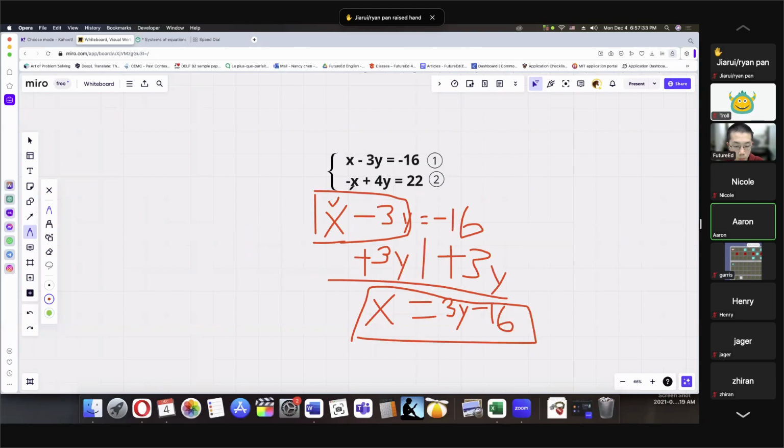Find what it is. Okay, so how do we find it? Do you need any help, Aaron? Ryan, would you like to help Aaron out at this point?